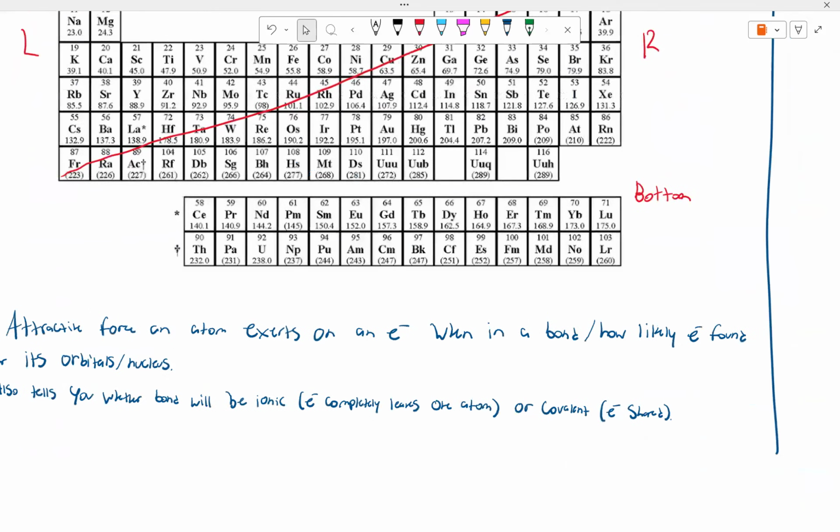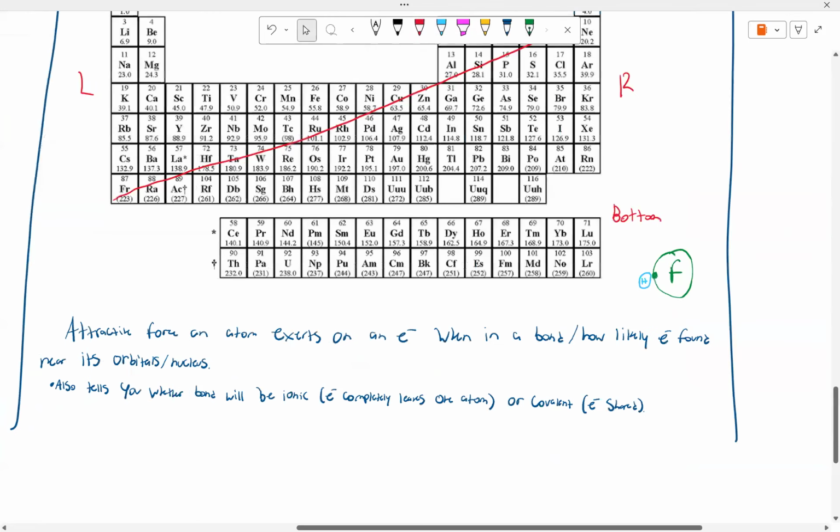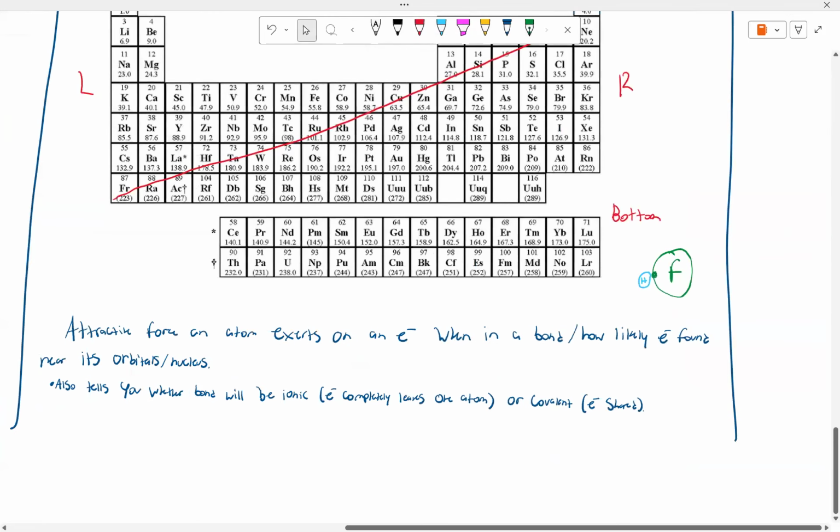So if you have something like fluorine, which is highly electronegative, the electron has a very good chance of being found closer to fluorine than, let's say, hydrogen, which has a much smaller electronegativity. So the electron is less likely to be found within hydrogen.